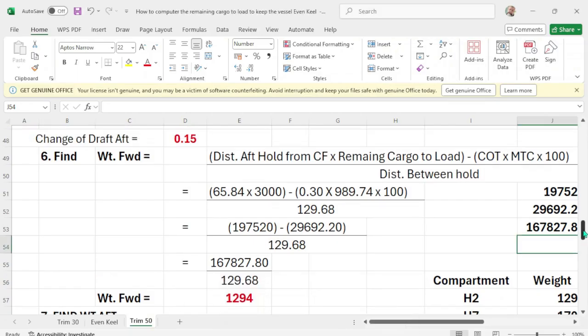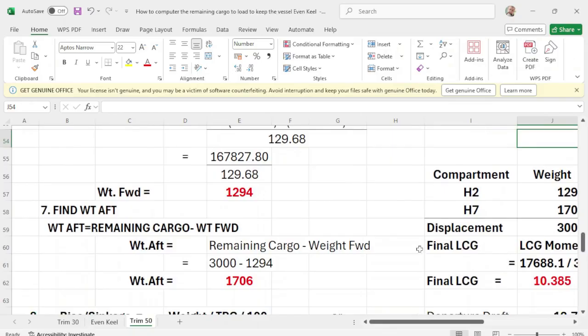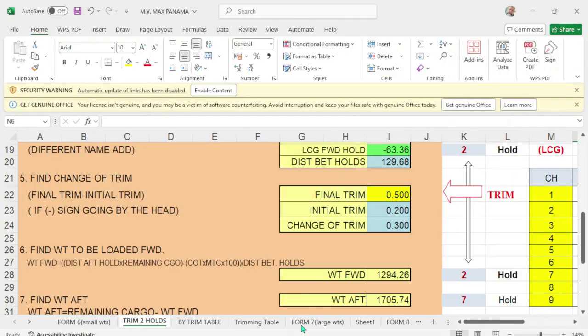Then to find the weight up, the formula is remaining cargo to load minus your weight forward. So your remaining cargo to load is 3000 minus your weight forward, and your weight up will be 1706.